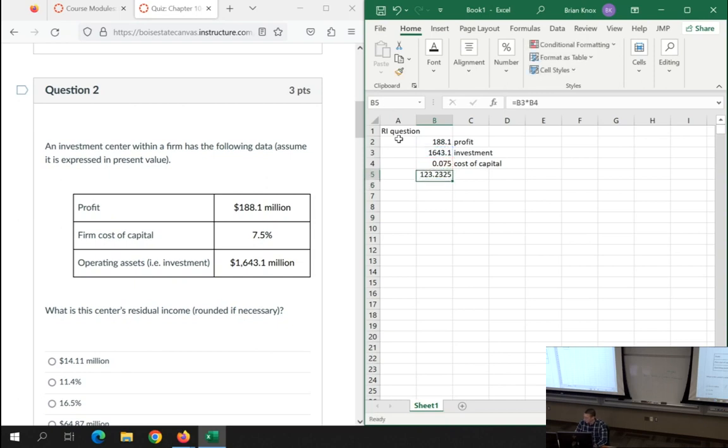So the parenthetical is the within-parentheses portion of the equation, and the profits minus that portion of the parentheses is the residual income.